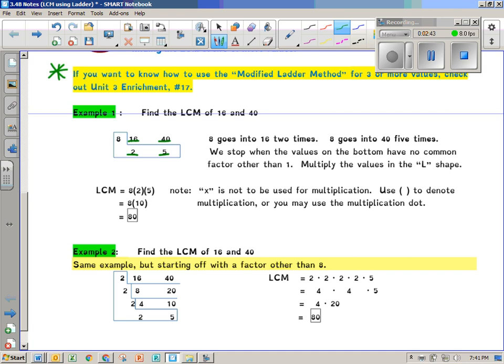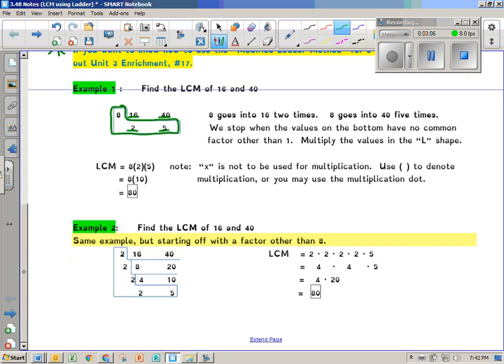The only difference is that now you might want to make the L shape around it, just to remind you that you need everything in there multiplied together. So 8 times 2 times 5, 8 times 10, that's 80. You have to multiply the entire L. It's really the only difference.